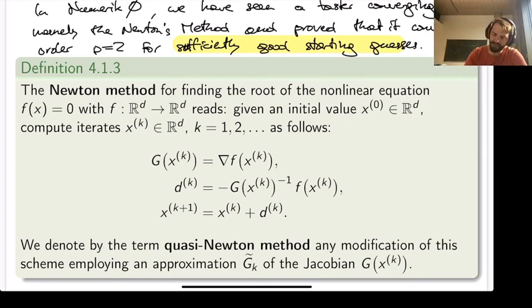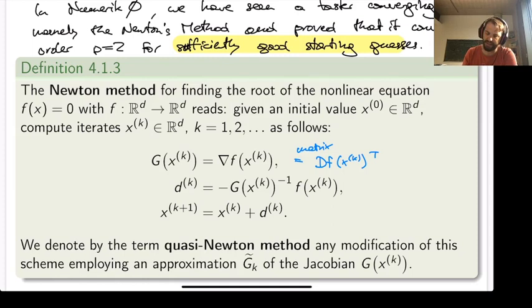This is a matrix because we have a vector valued function f, and the gradient of f, remember, is the transpose of the partial derivatives: this is ∇f(xᵏ) transpose. Then it computes dᵏ, the Newton step, by solving a linear system with this Jacobian matrix G(xᵏ).